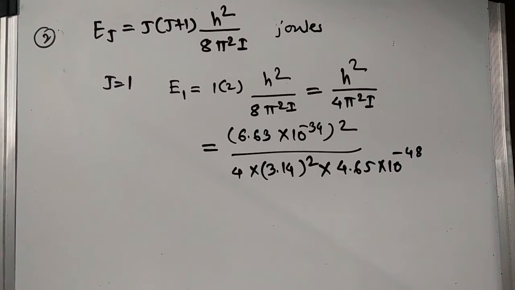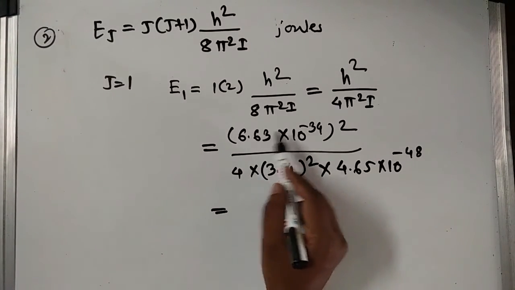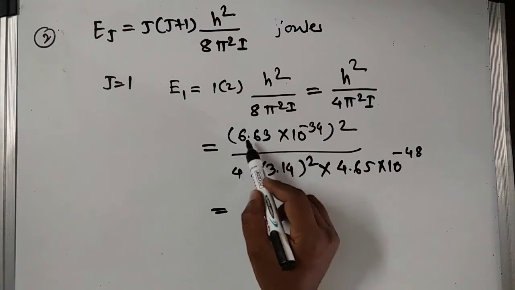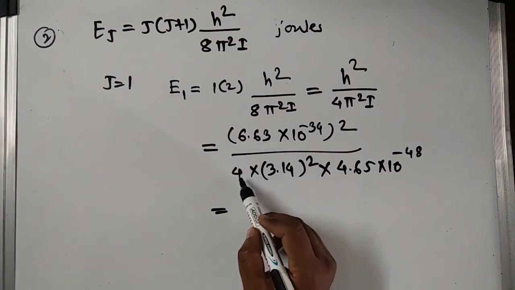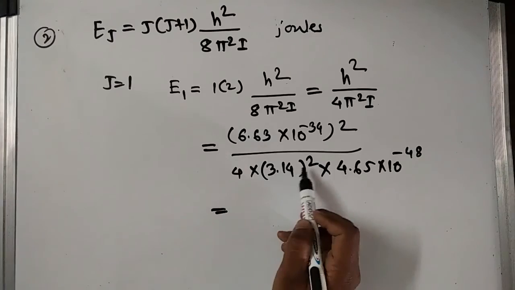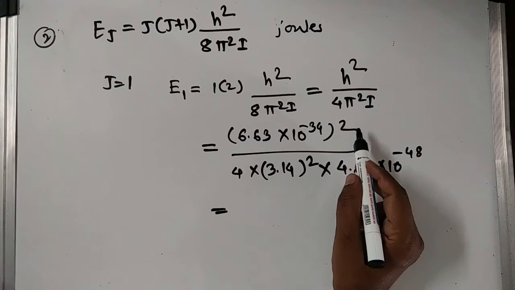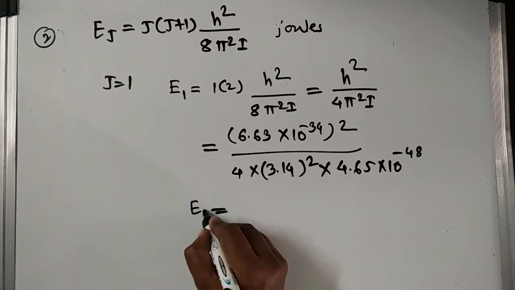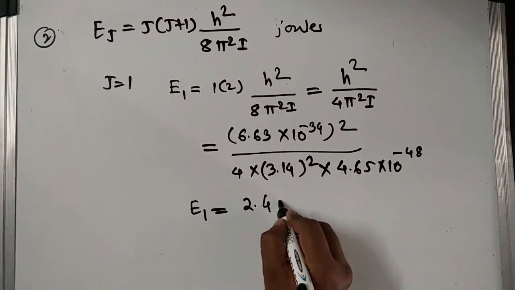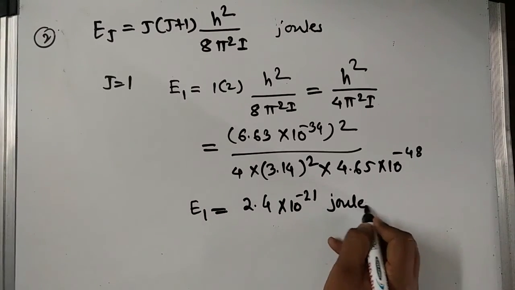If we square these terms, 10 raised to minus 34 squared gives 10 raised to minus 68, and taking the 10 raised to minus 48 to the numerator, we can calculate. The calculated value of E1 is 2.4 into 10 raised to minus 21 joule.